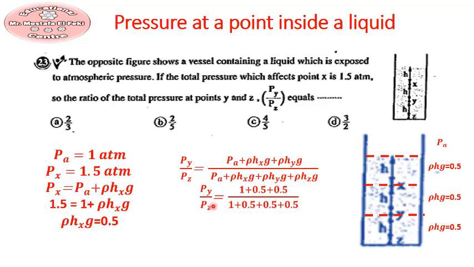So the ratio PY divided by PZ equals 2 over 2.5, which equals 4 over 5.